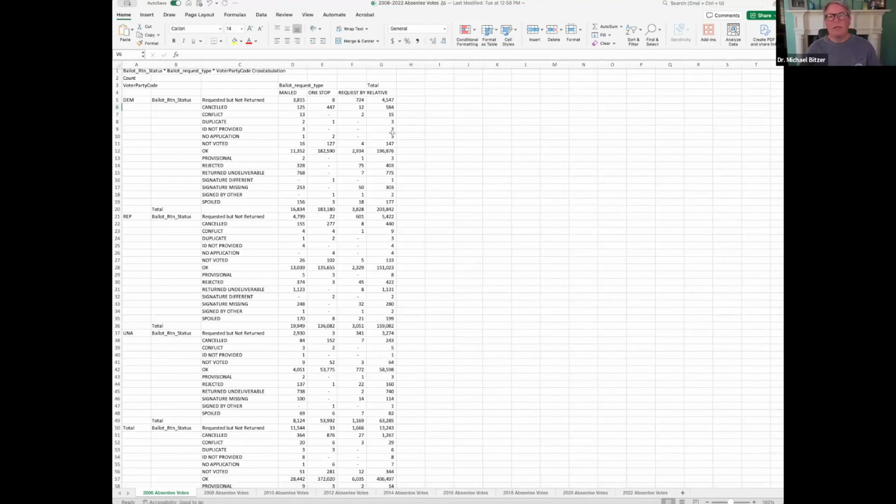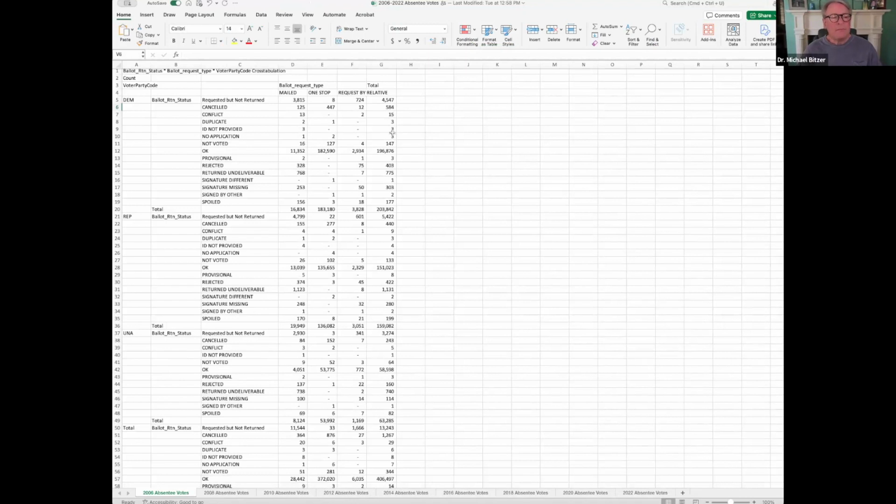To give you a little bit of context about where this data comes from: it all comes from the North Carolina State Board of Elections. They have a public data file website where you can access the files.